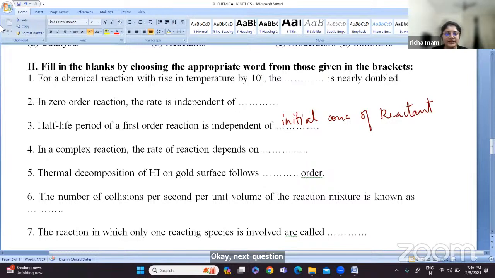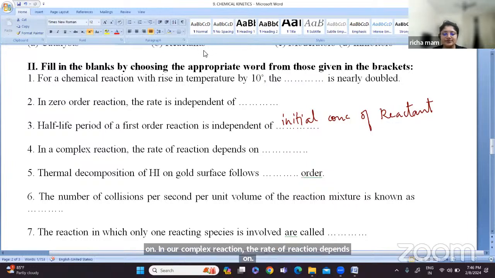In a complex reaction, the rate of reaction depends on. Yes, students?